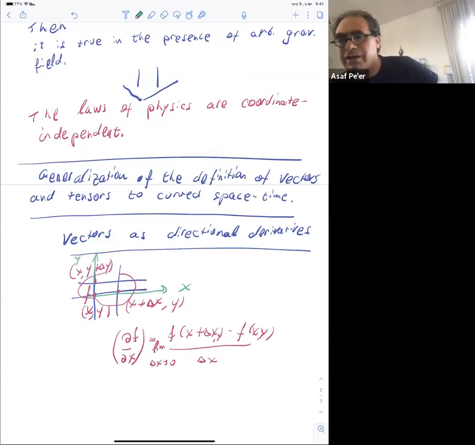Before I do that, I cannot tell you what is the partial derivative of f with respect to x. Make sense? Yes, no? So a directional derivative is a generalization of this concept, but I want to do it in a way which does not require me to specify coordinates.